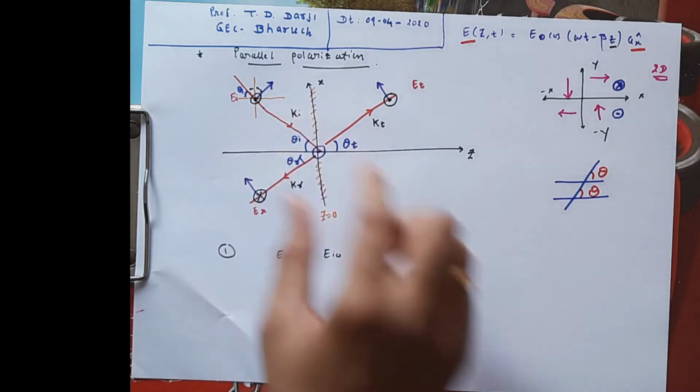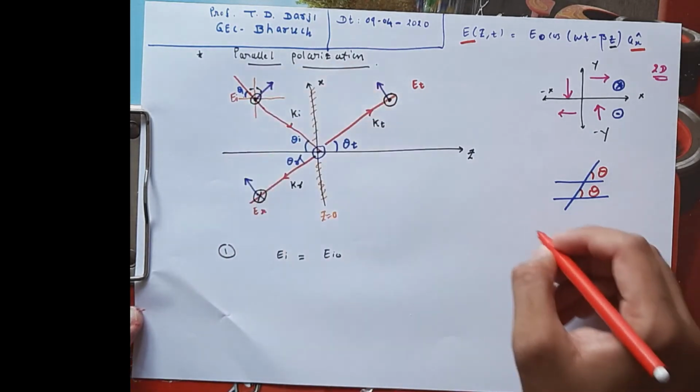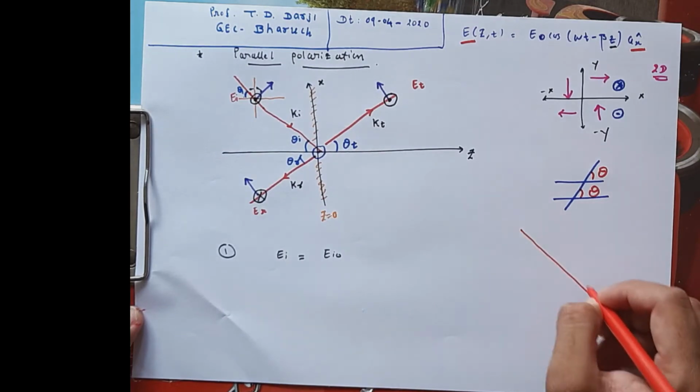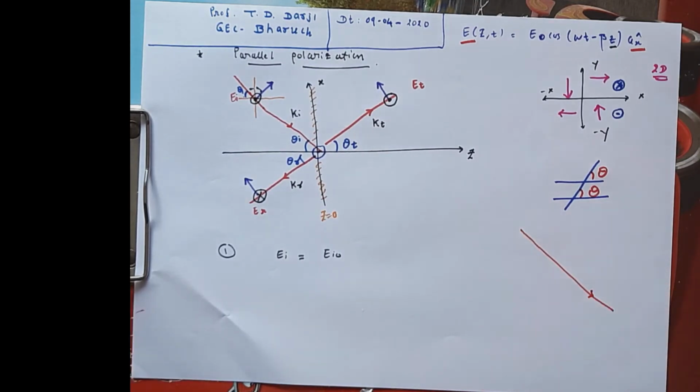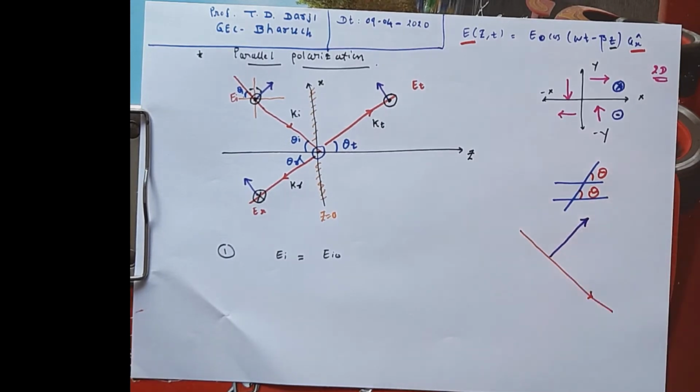Okay, I will draw this picture so you get a clear understanding about it. I have to zoom this portion. So, incident wave, this one is my Ei.